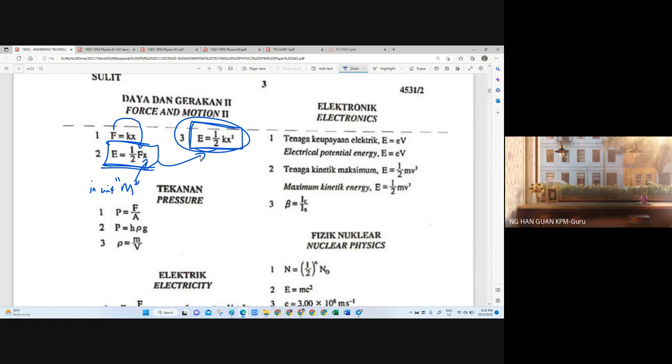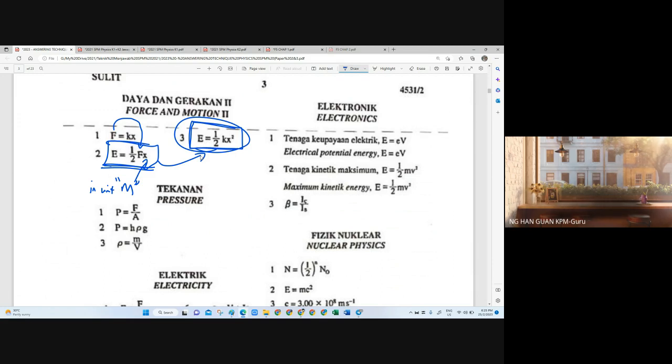To make the calculation easier, the spring constant is usually measured in Newton per centimeter or Newton per millimeter. We seldom tell you the unit in SI unit, Newton per meter. So when you substitute to find the elastic potential energy, just be careful.